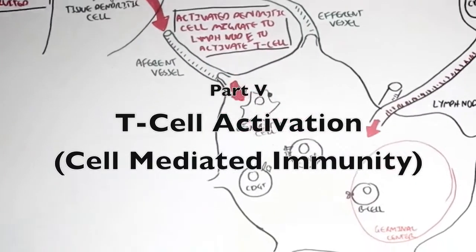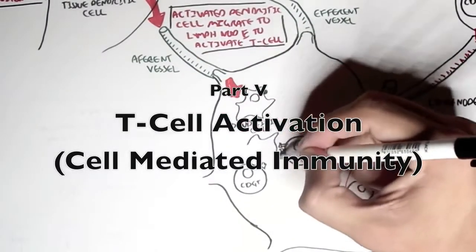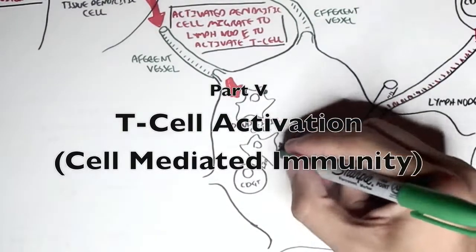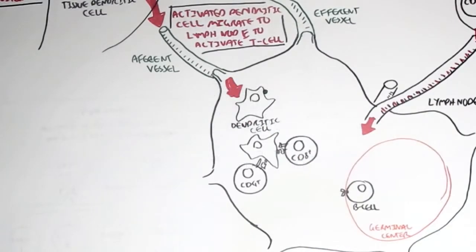And I also call it the cell-mediated immunity, because without the T cells, we cannot actually call this cell-mediated immunity. Now, it should be noted that the adaptive immune system can be divided into two parts: the cell-mediated immunity and the humoral immunity.